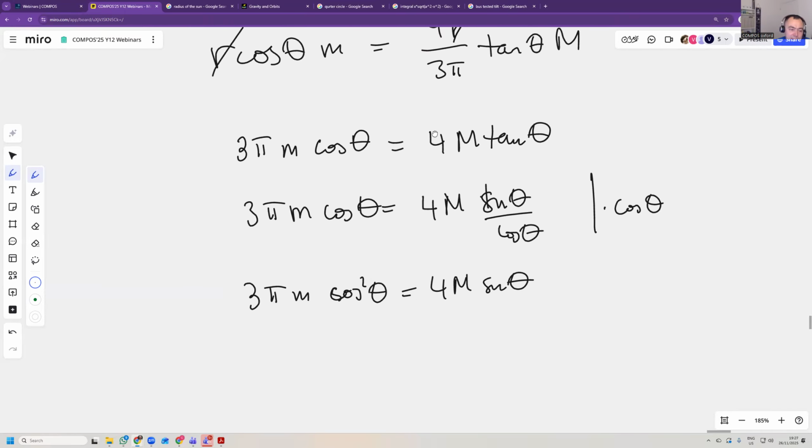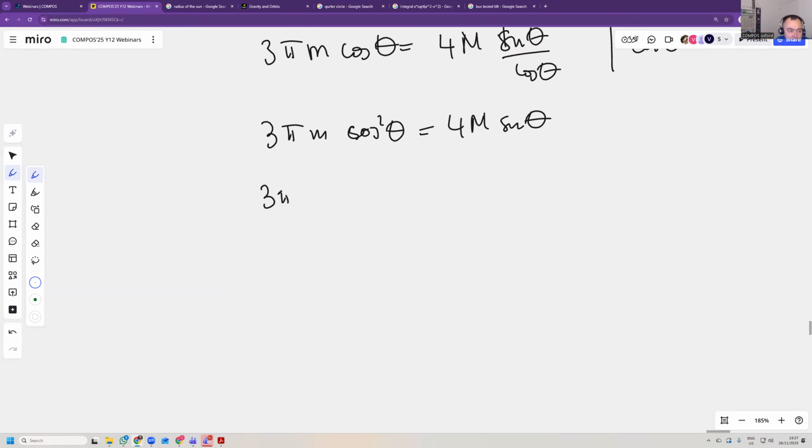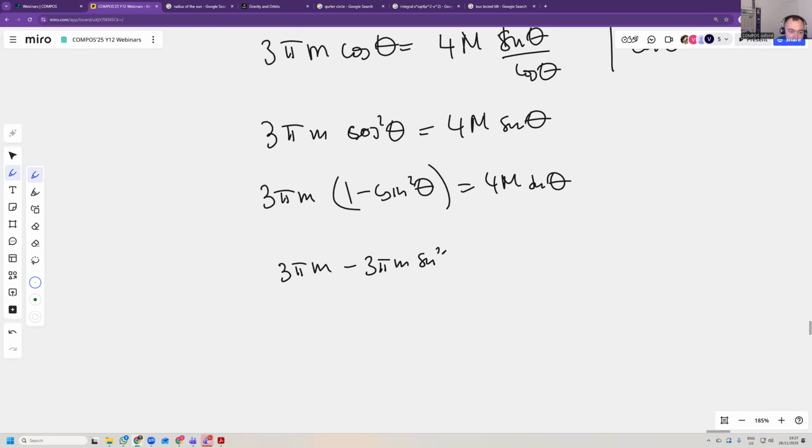So cos squared theta is 1 minus sine squared theta, so 3 pi m times 1 minus sine squared theta equals 4m sine theta. So 3 pi m minus 3 pi m sine squared theta minus 4m sine theta equals 0. So that's a quadratic equation in terms of sine theta.